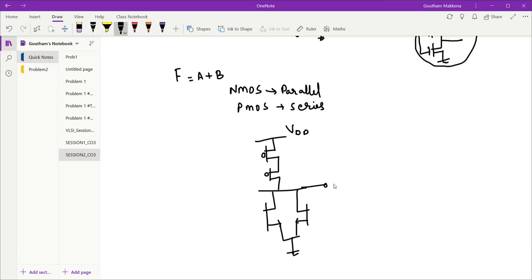And remember, the CMOS gates always give my output that is complemented. This is A plus B whole bar. But what is the expression that I need from here? I need only A plus B. So what do I do? I put an inverter over here. I get my required F. Again, what is this inverter?